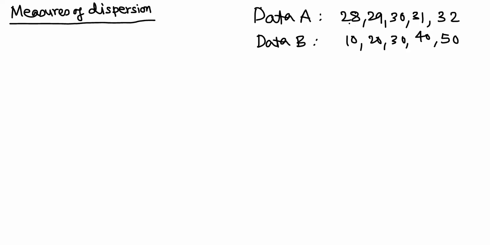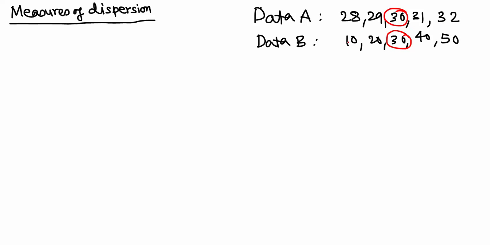If you want to study this data, you want to find the mean and median. For data A, if you add all these 5 numbers and divide by 5, then the mean is 30. So is the median. For data B, if you add all these 5 numbers and divide by 5, you have the same mean, and this is also the mid value, so the median as well.